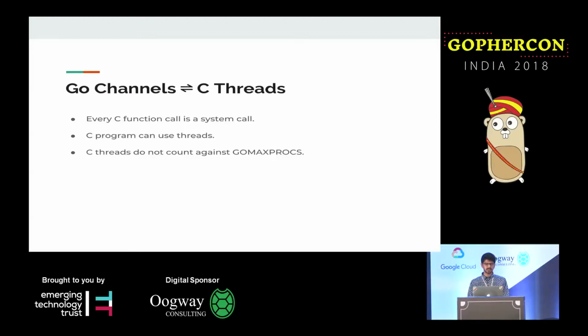So yeah, we always use Go channels, and that's what Go is for, and that's how I also started using Go. But when we are calling CGO or C functions from Go routines, we have to remember that any call to C from Go is a system call, which means that that goroutine and that thread will be taken by the Go scheduler until the function returns.